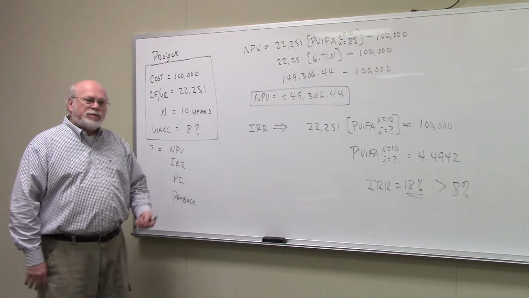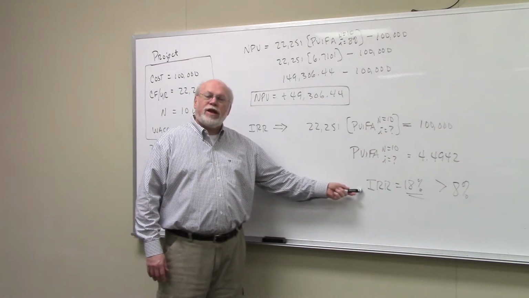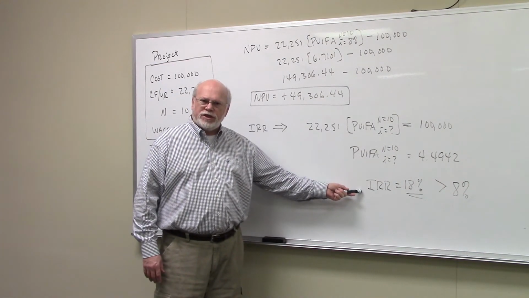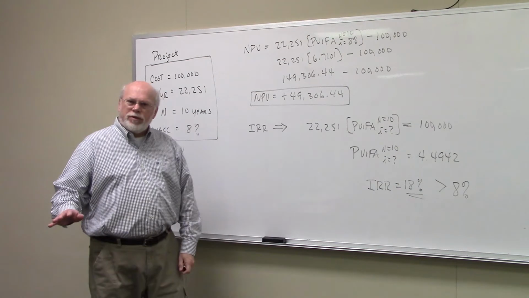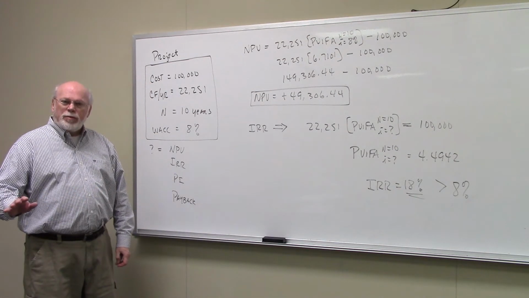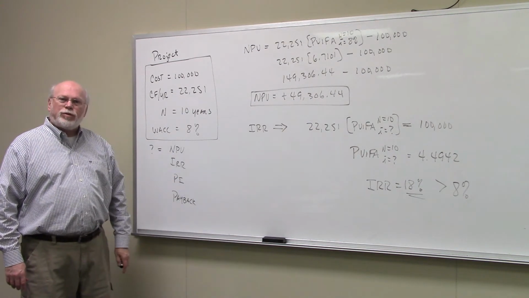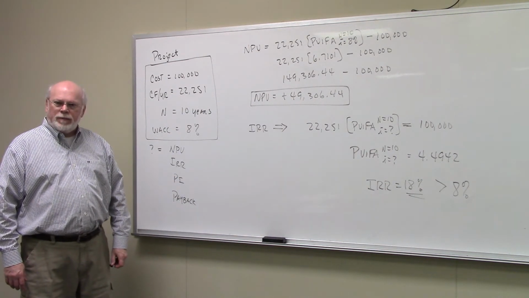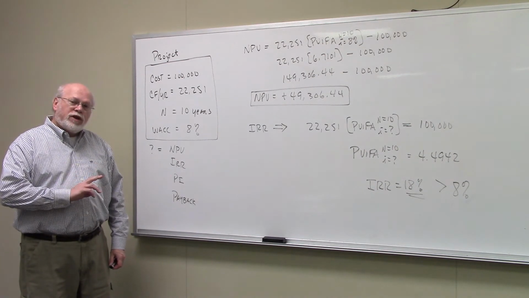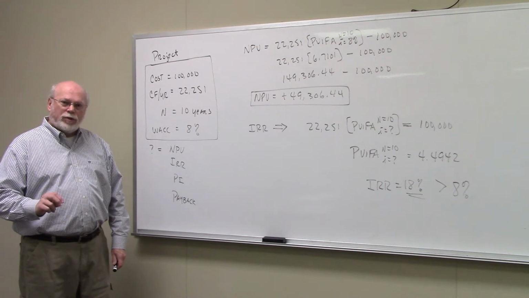The problem with this, in this case, is this. If you tell your boss that they're going to get an 18% return on this investment, they'll forever remember that. Four years from now, they might not remember your name, but they're going to remember that you told them they're going to earn an 18% return on this investment. In an earlier video, I told you about the assumptions of net present value and internal rate of return.